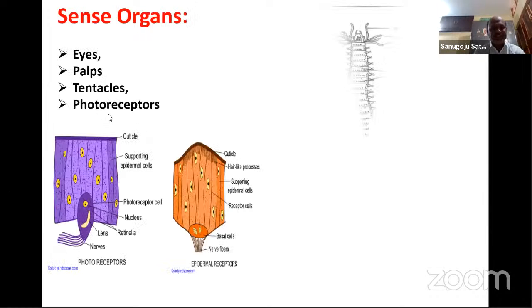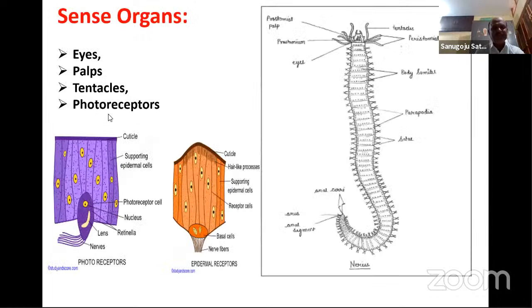We also have sense organs like eyes, palps, tentacles, and photoreceptors. If you see this diagram, children, the eyes are there in this Nereis. This is Nereis, having many parapodia. Each and every segment has parapodia, which are useful for locomotion and respiration, and setae are present.